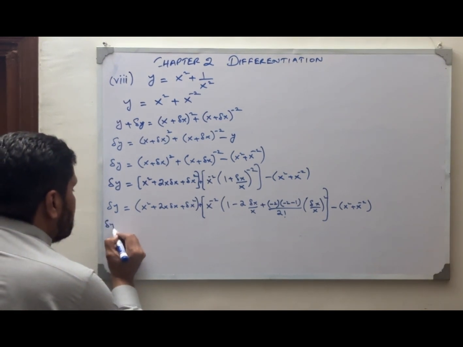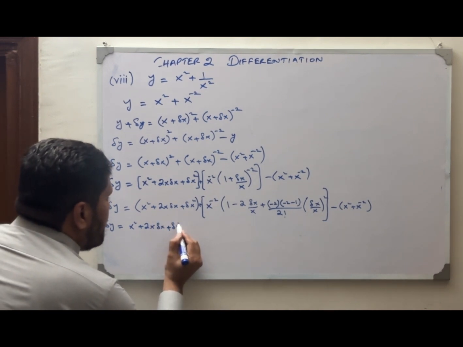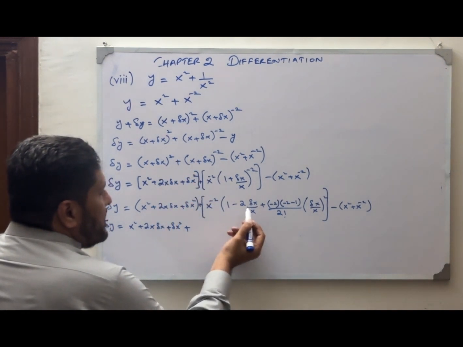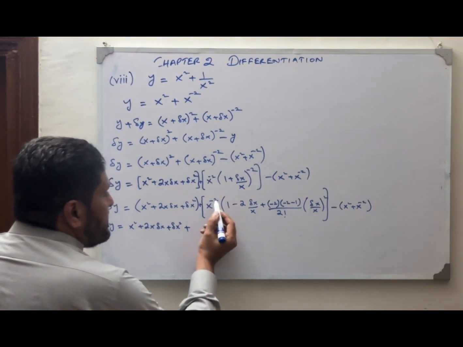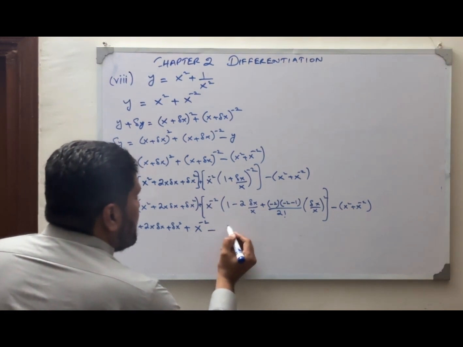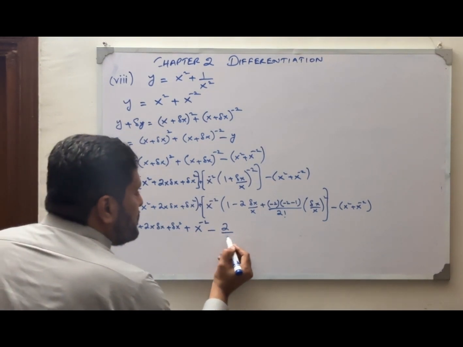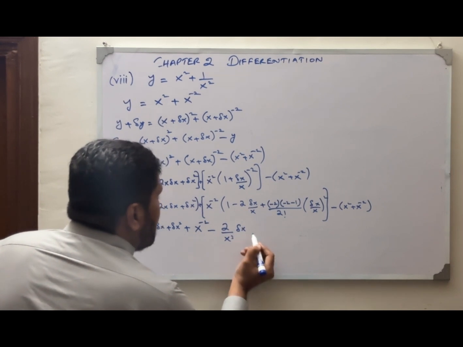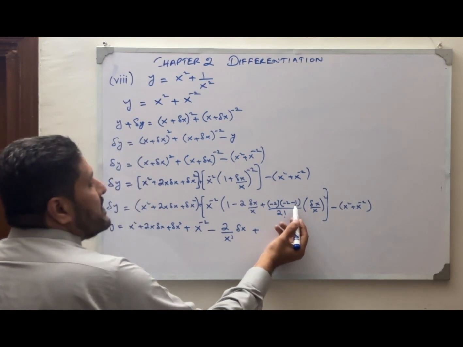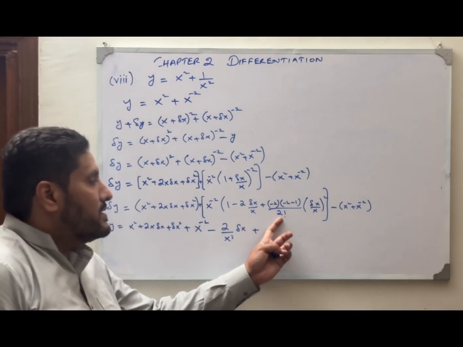So delta y is equal to x square plus 2x delta x plus delta x whole square, then plus, because here we have a plus sign, so by taking plus and multiplying this x power minus 2 with this whole term, this will become x power minus 2 into 1, that will become x power minus 2, minus 2, this x power minus 2 when multiplied by x, that will become 2 over x cube delta x, and for this term again plus minus 2 into minus 3 multiplied by minus 2, that will become 6, and 6 divided by 2 is equal to 3.